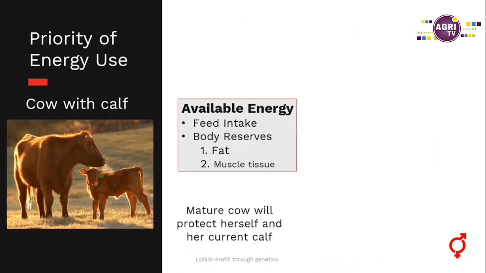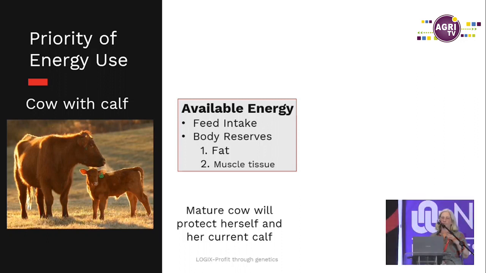So the energy that she has available is basically through feed intake, and if her demands on energy is too high, she can mobilize fat. So body reserves, mainly fat, and so it's good for a cow to have fat reserves that she can mobilize. In some instances, she might also mobilize her muscle tissue, which is generally not a good idea.